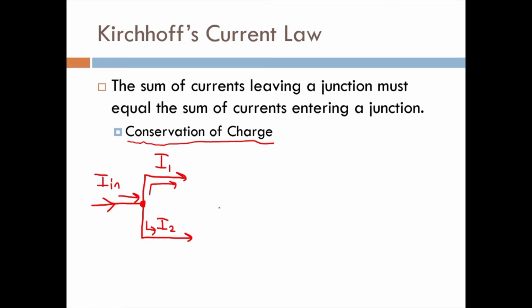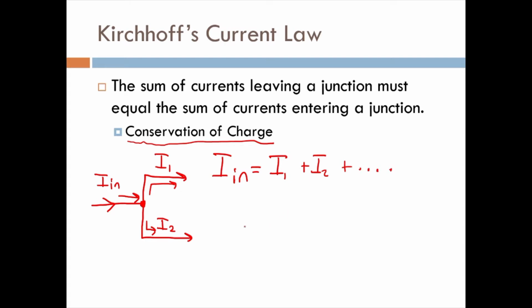Think of it like if I'm throwing 100 electrons into this junction, 100 electrons must leave. They don't just randomly disappear. So you can rewrite this as I in equals I1 plus I2, and if there's multiple paths, this just goes on continuously.